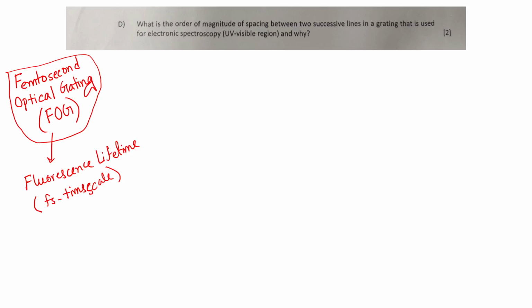In this instrument, as we have to go to femtosecond resolution, you need to use the speed of light as a tool. You cannot rely only on electronics, like what we do for TCSPC and other instruments.